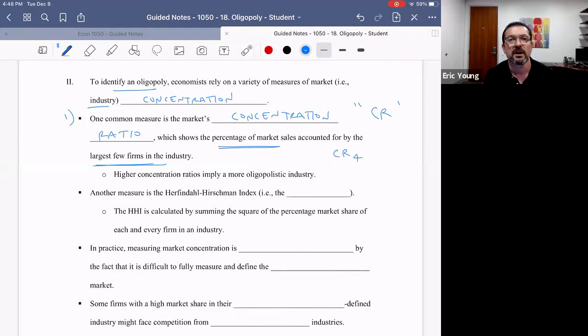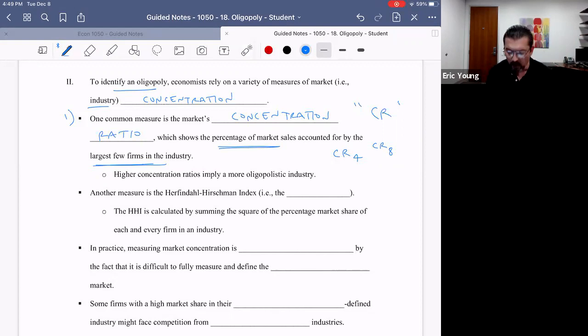A CR4, concentration ratio 4, shows the overall percentage of the entire industry that the top 4 firms collectively have. You might also sometimes see a CR8. Same idea: a concentration ratio 8 attempts to give an idea of the total market power that the top 8 firms have.